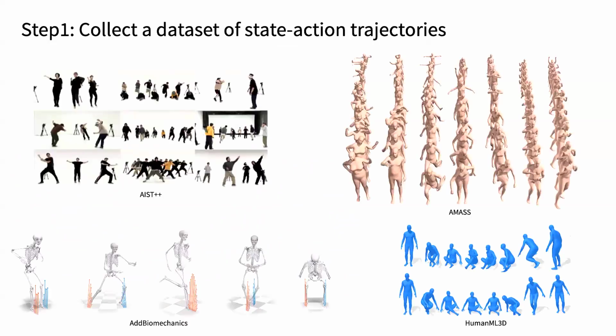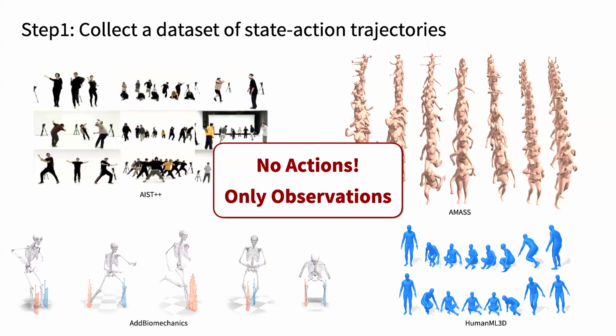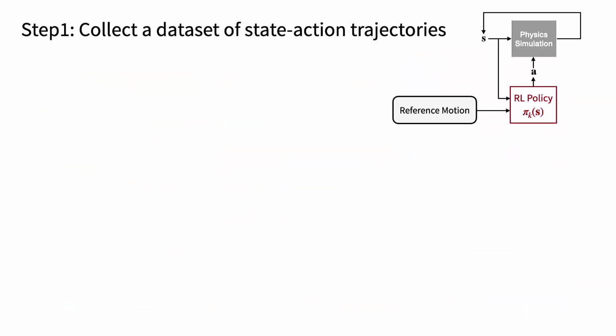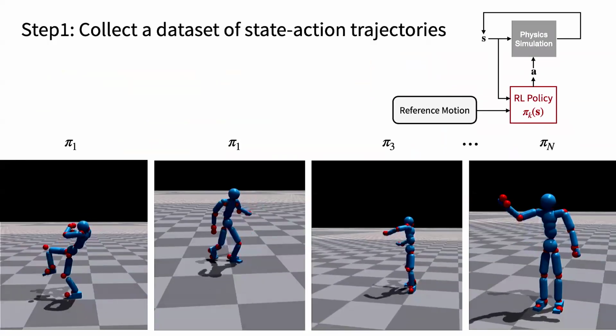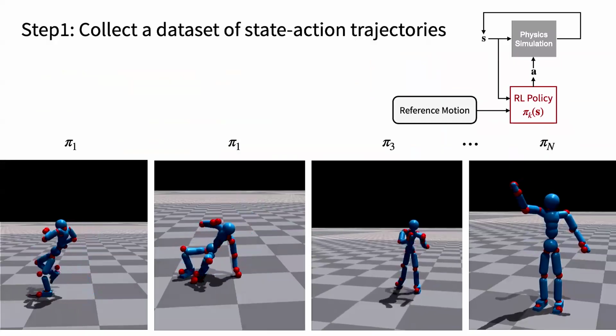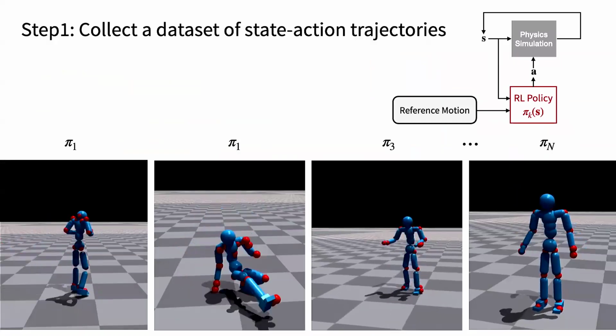The answer is, for step one, yes, we have a lot of data already, but the problem right now is we don't have actions. But we also know that we can use RL to cross that state to action gap, so we can get nice state and action pairs. The good thing about this is that RL is really just a data generator.